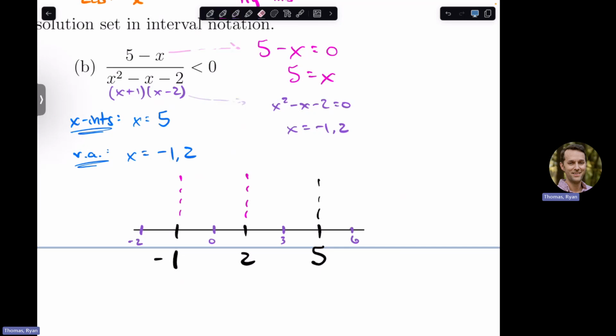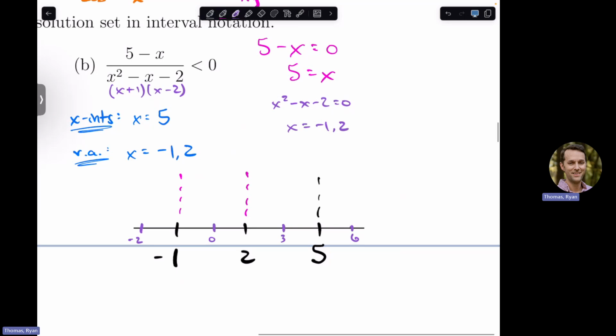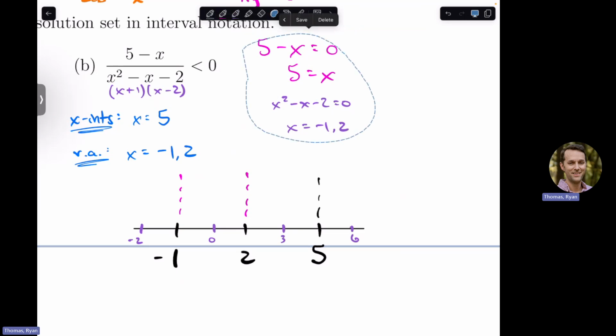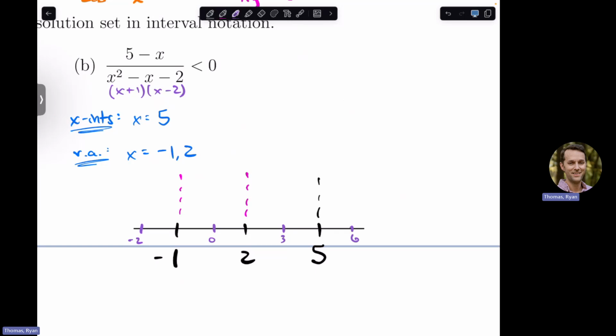We kind of did the last one with the graph, so let's do this one by plugging in these test values and checking that way, just so we've done a little bit of both. If x is -2, again, all I'm going to do is plug into the inequality and see if it's true or not.